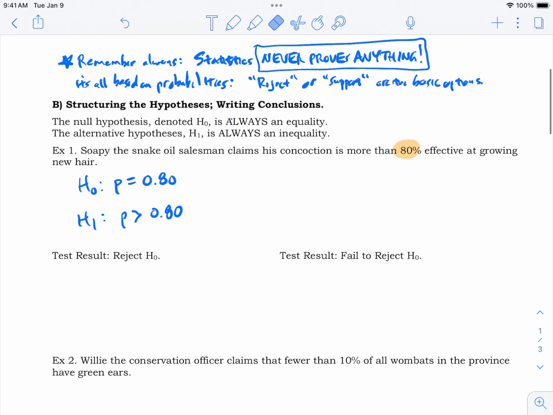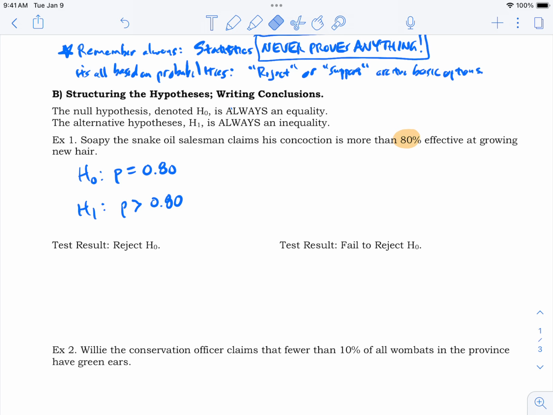Now, test results. Once you've got your hypotheses, you have to go out and sample a bunch of snake oil and people and have them put them on their heads and wait a while and see how many people actually grow new hair, right? You're going to have to actually run an experiment, see how many people grow new hair. And your experiment, let's maybe write this over here with a pencil.